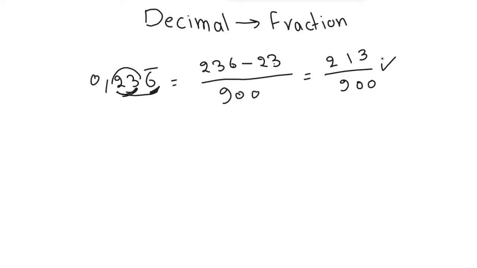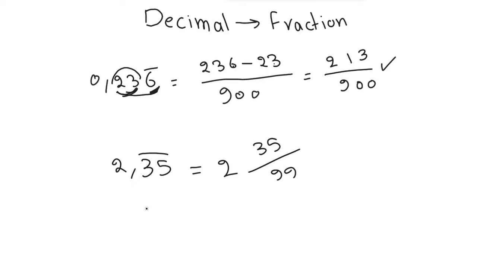This is the answer. If you had, for example, 35 repeated, you can write 235 over 99. Or if you had 2.35 where 5 is repeated, you can write 235 minus 23 over 90.